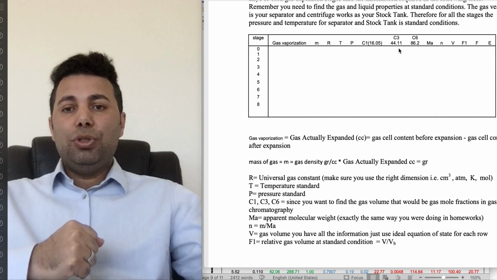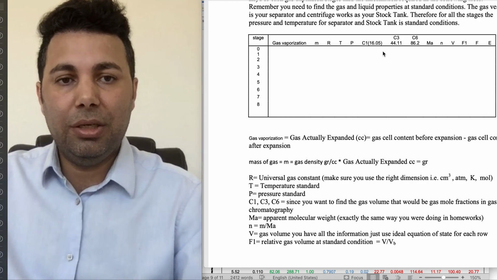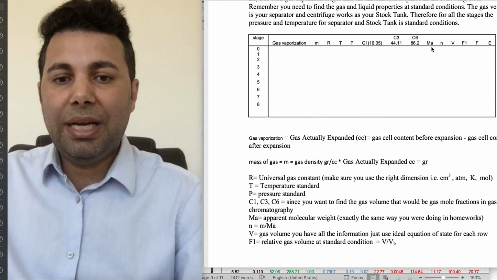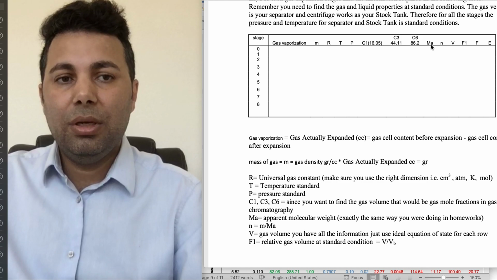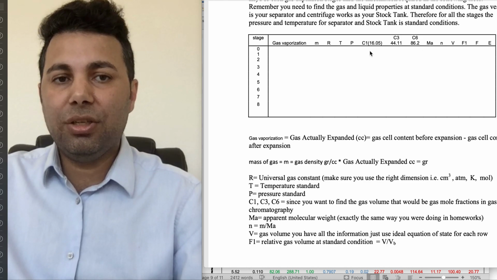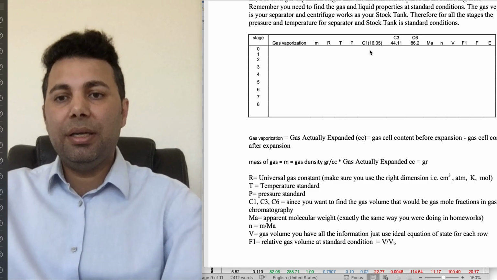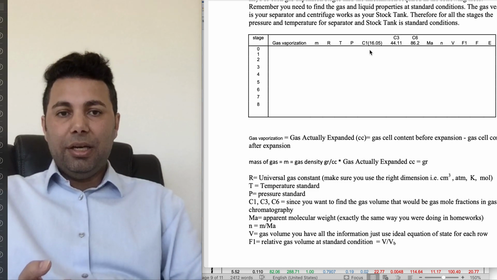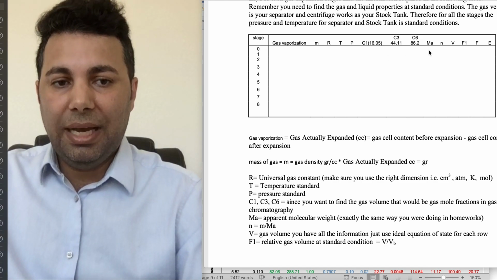So the composition of gas you get at the end of every gas expansion will come here. Then you need to calculate MA, the apparent molecular weight of gas. How do we calculate that? The mole fraction of every component times their molecular weight. You sum them up, divided by the molecular weight of air, which is 29. Then you get the apparent molecular weight of gas.